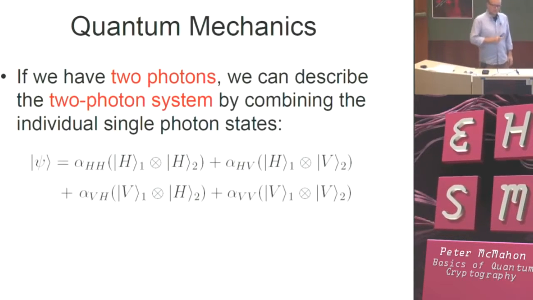So let's suppose that instead of just having one photon that we're sending, now we're talking about having two photons. We're going to try and describe quantum mechanically what the state of two photons is.